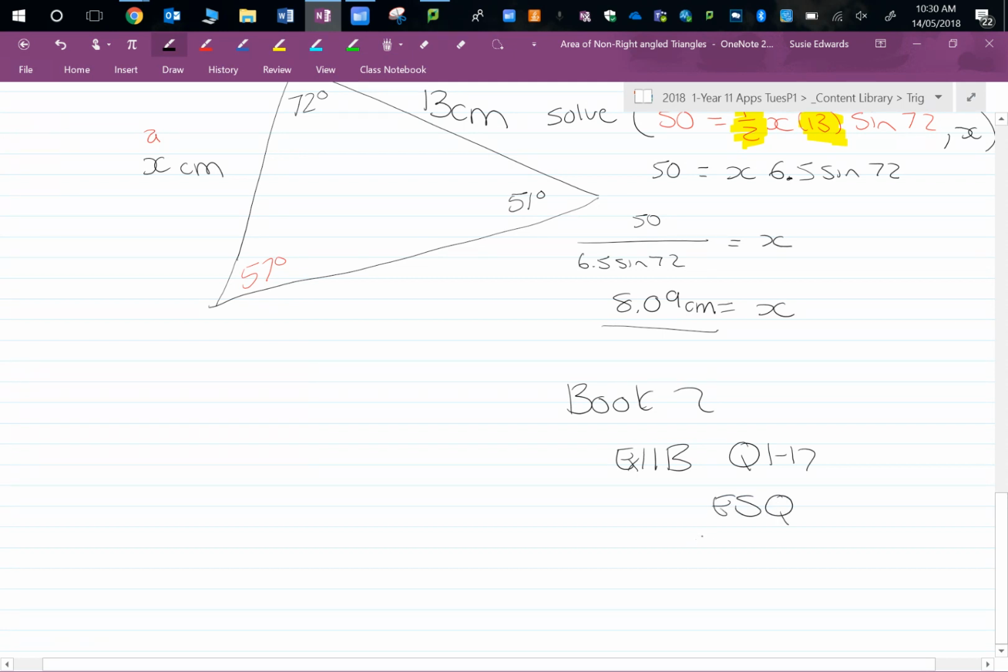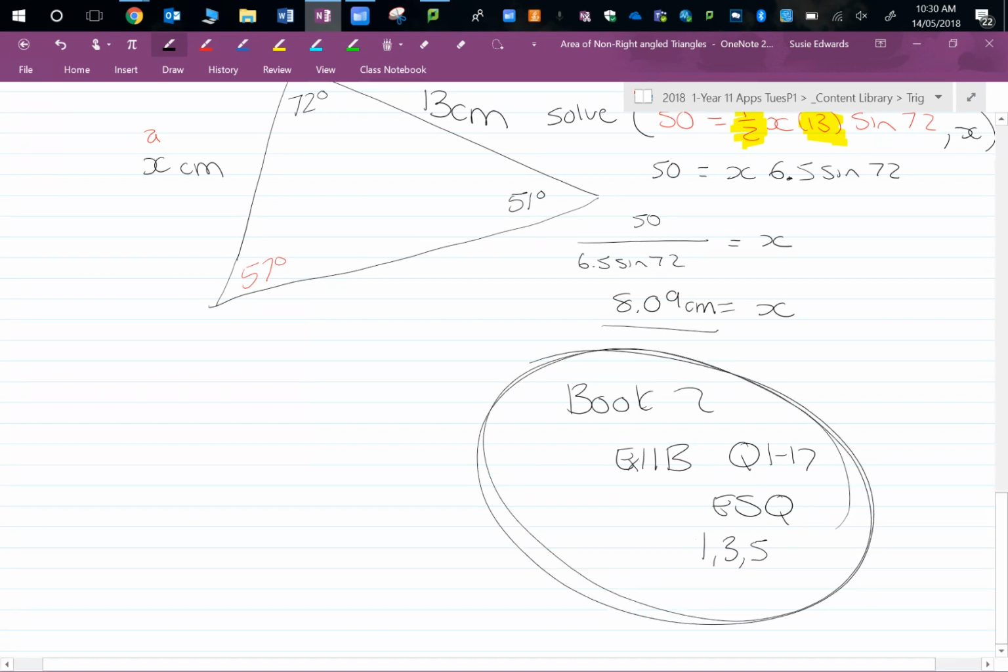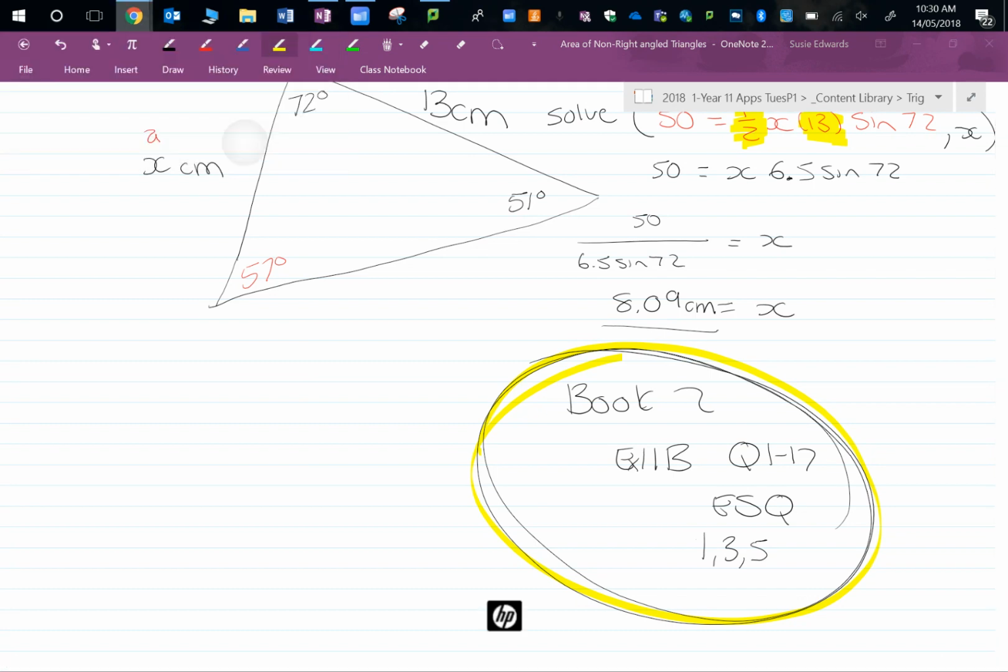So that means question 1, then leave question 2, then do question 3, then leave question 4, do question 5, and so on. So you should be doing 1, 3, 5, 7, 9, 11, 13, 15, and 17. In the new book, it is page 198, 199. I'm not sure in the old book. Don't do too many questions. Don't do too little questions. Thank you, Georgia.